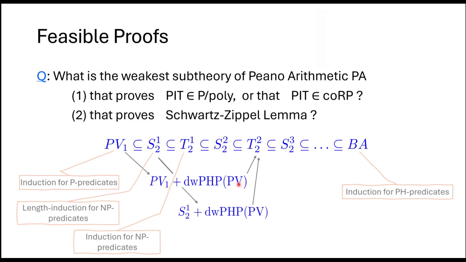So for PV you just think of the set of all polynomial time function symbols. And the dual weak pigeonhole principle I'll show you in the next slide. Accordingly, S12 can be augmented with the dual weak pigeonhole principle for polynomial time functions. And they all sit between S12 and T22.